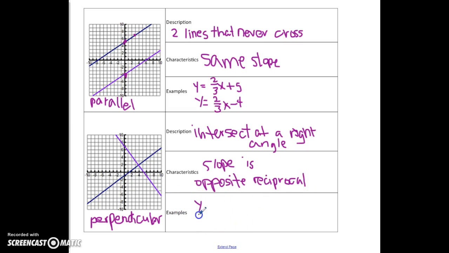So let's do that light purple one first. So y equals, I'm going down 3 to the right 2. So negative 3 over 2x plus 7. Is that right? No. Let's try that again. 1, 2, 3, 4. 1, 2, 3. 1, 2, 3, 4. 1, 2, 3.